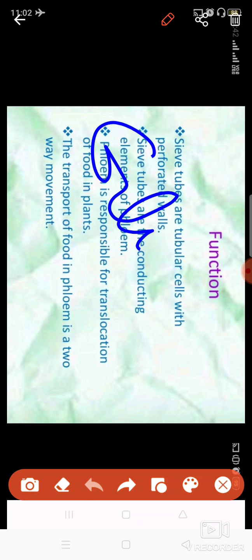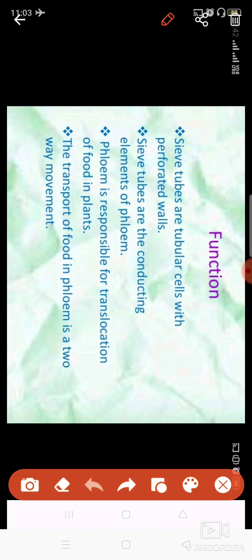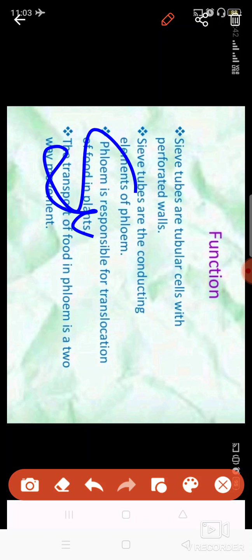Because if I am talking about phloem, it helps in the transportation of food, and food in the plants is manufactured in the form of glucose, which gets converted into sucrose.